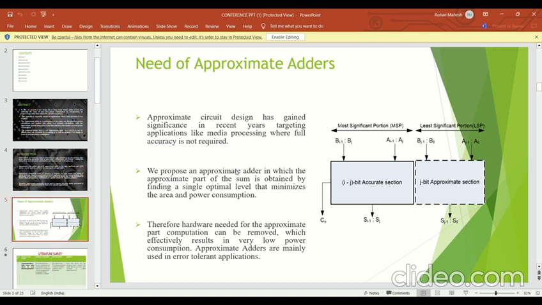So this is where the approximate computation comes into play, because since we don't really need the clarity of the background, we can approximate all the pixels available in the background since we have to blur them anyway. So this is a good example for understanding where we need approximate computation.